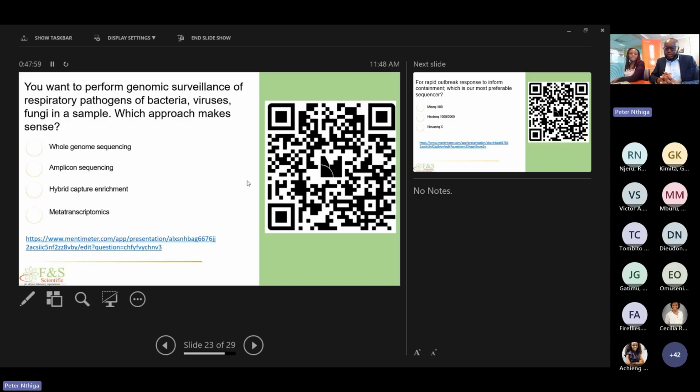Hybrid capture enrichment, for this particular question, makes a great deal of sense because you have a panel, for example, like the Respiratory Pathogen ID Panel, which can capture all these pathogens at once, and therefore can make a lot of sense in this kind of scenario.